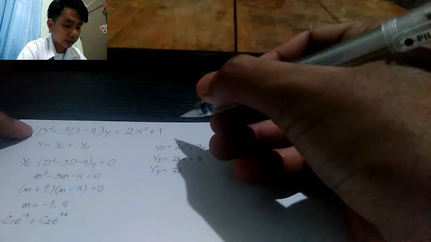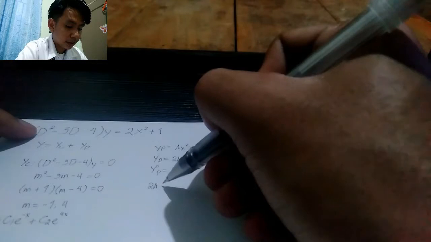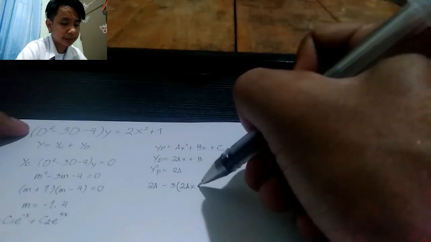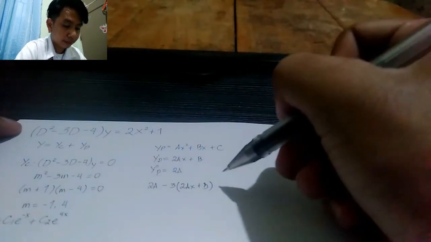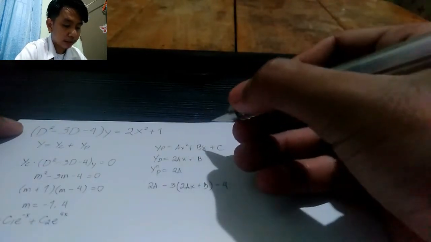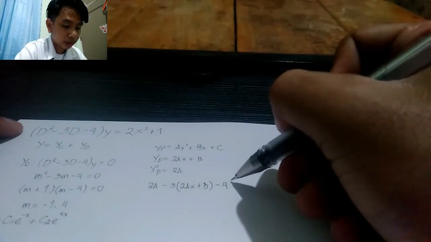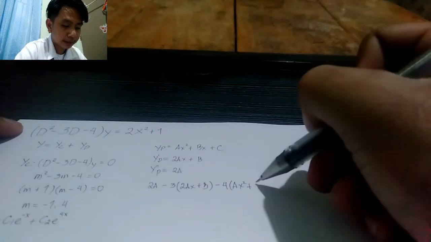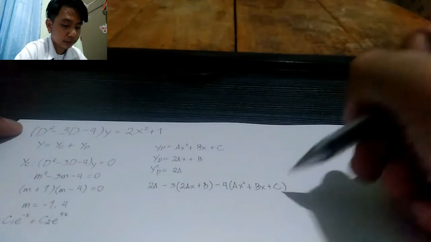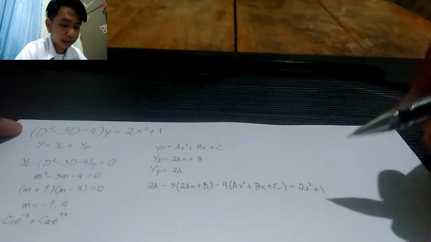So, D squared ay second derivative, 2a, minus 3 multiply sa first derivative, 2ax plus b, minus 4 then sa particular solution. So, ax squared plus bx plus c is equal sa 2x squared plus 1.